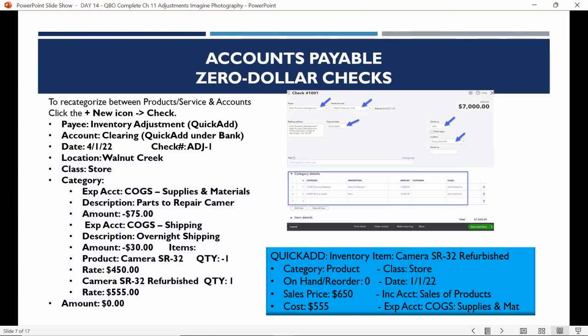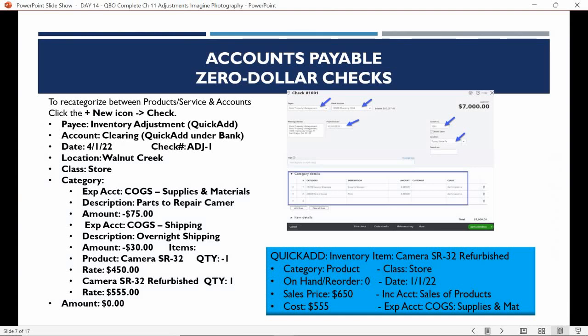Remember, products and services can only be used on sales receipts and purchase forms, but they are attached to accounts. So for a journal entry, you only get to recategorize accounts.